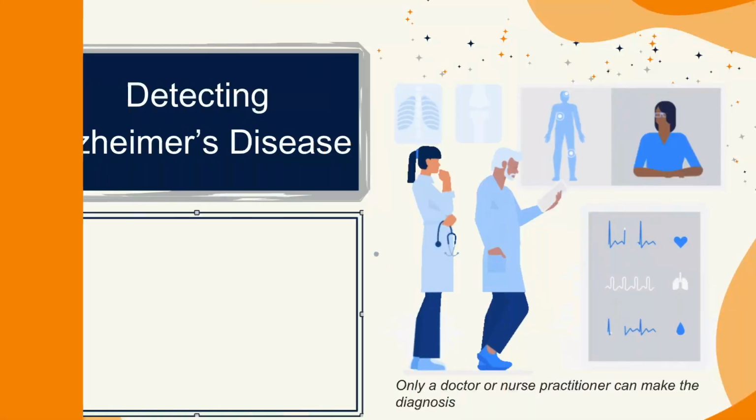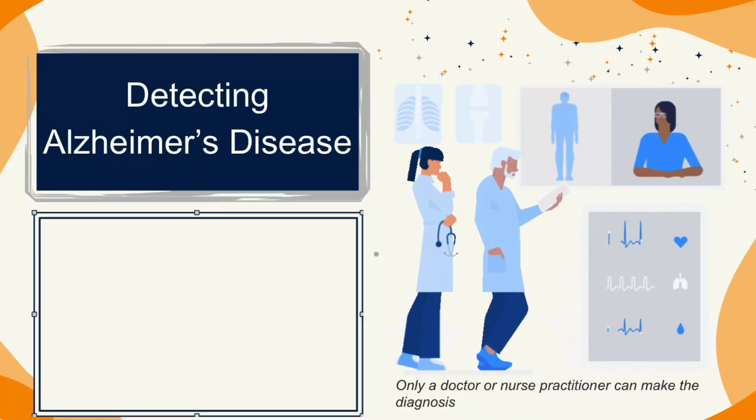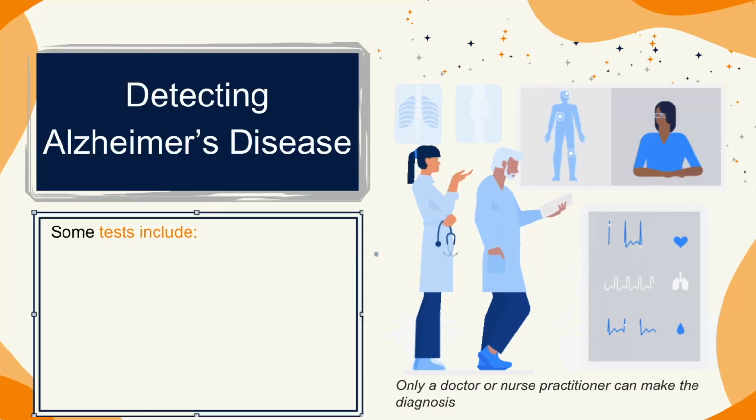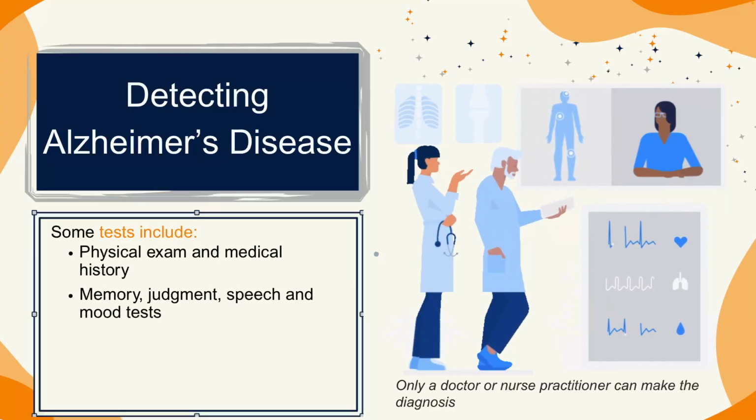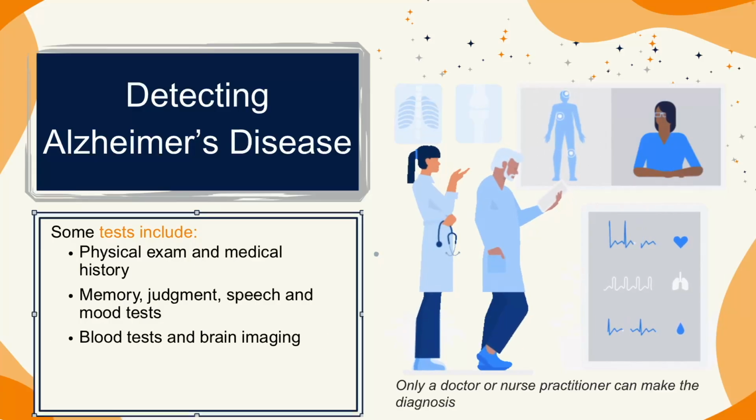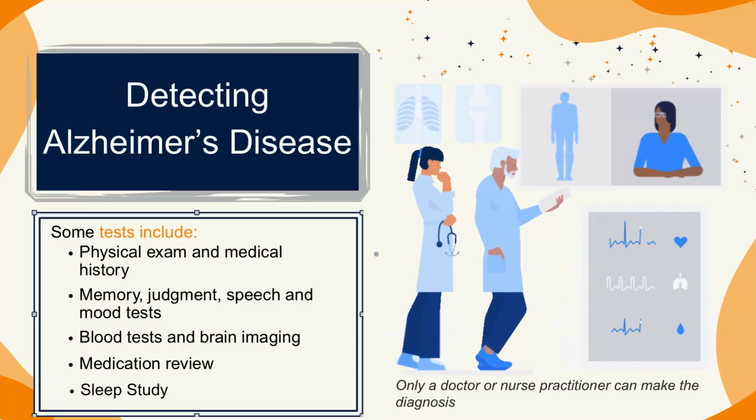Only a doctor or nurse practitioner can make the diagnosis of Alzheimer's disease and related dementias. Some evaluations in this process include a physical exam and collecting your medical history, memory, judgment, speech, and mood tests, blood tests and brain imaging such as MRIs or CT scans, reviewing your medications, and a sleep study to evaluate obstructive sleep apnea.